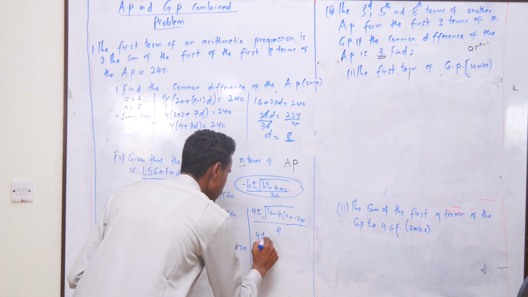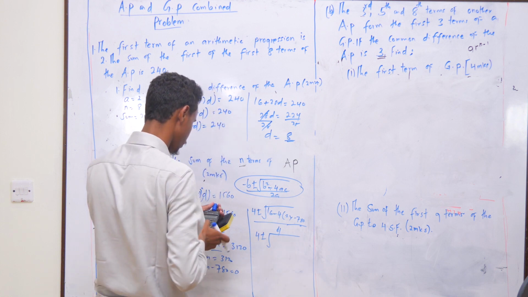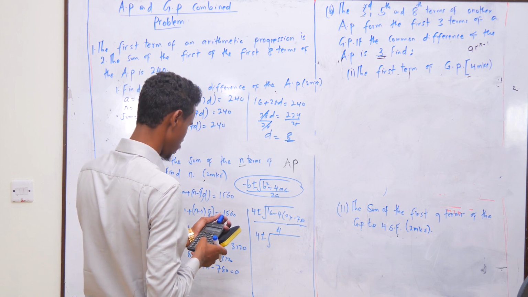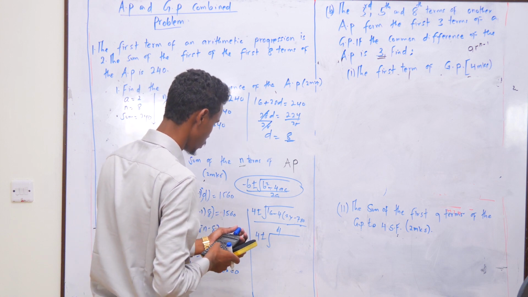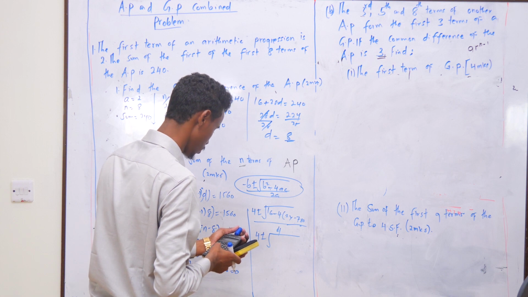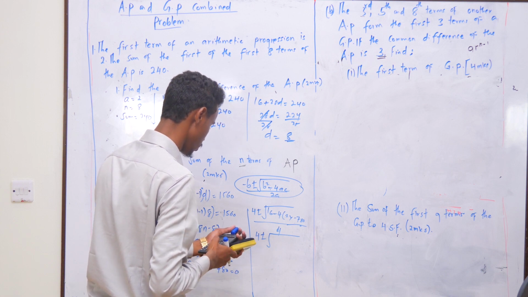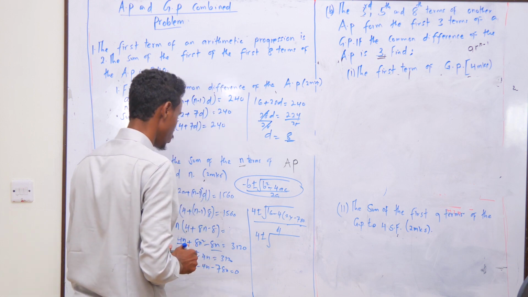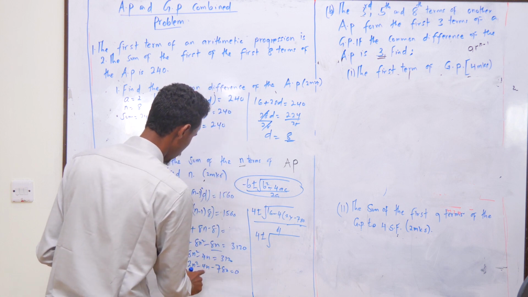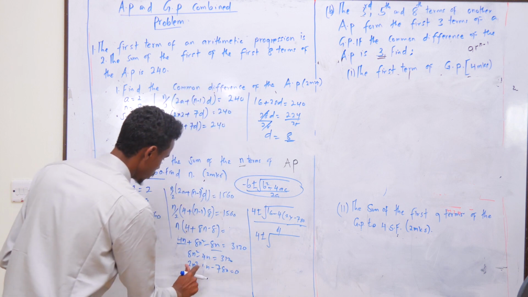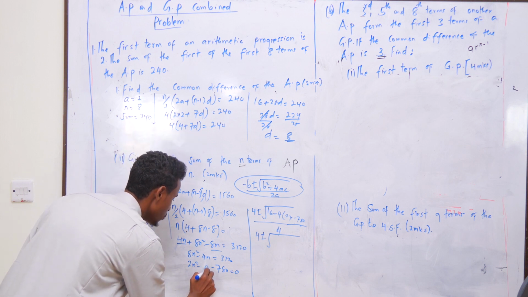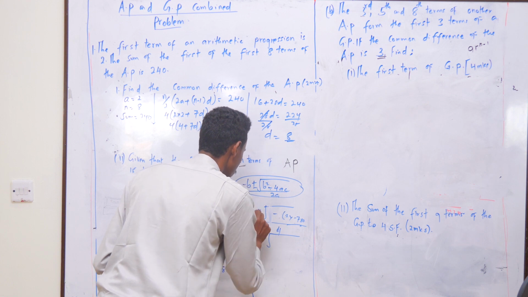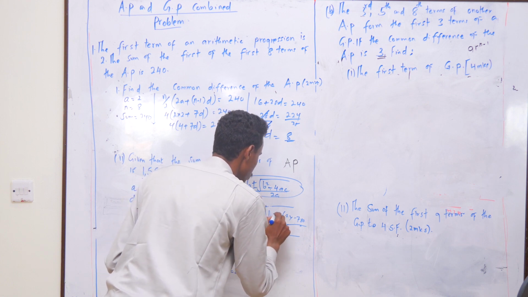Here our equation is 2n squared minus n minus 780, so it will be 1 plus or minus the square root of 1 squared minus 4ac.